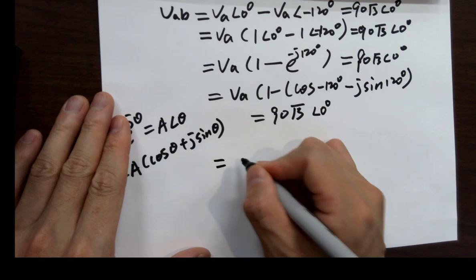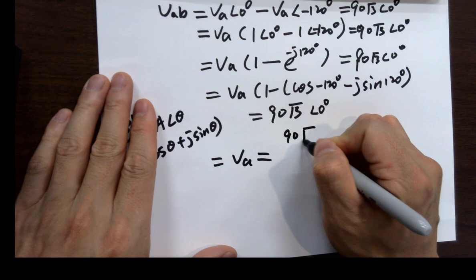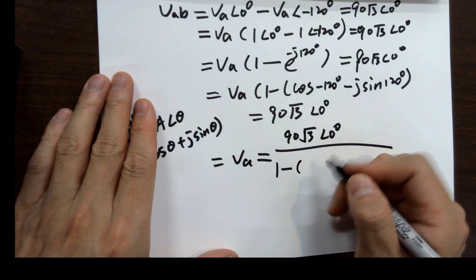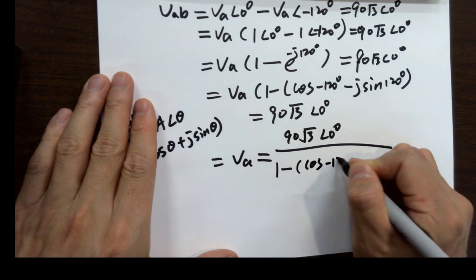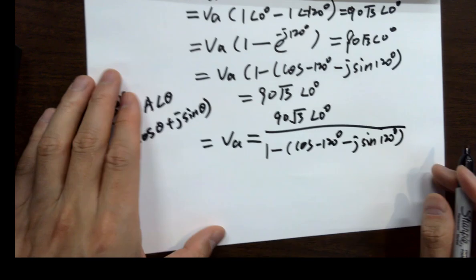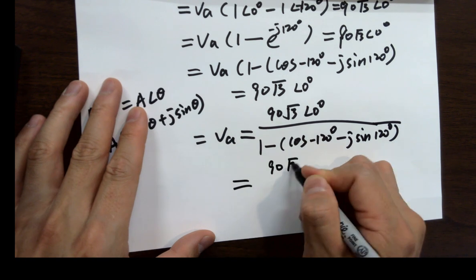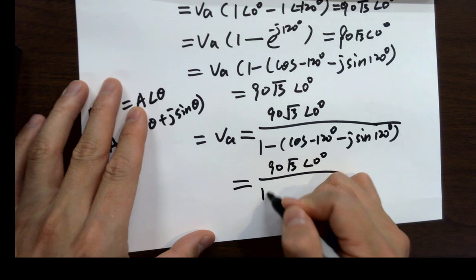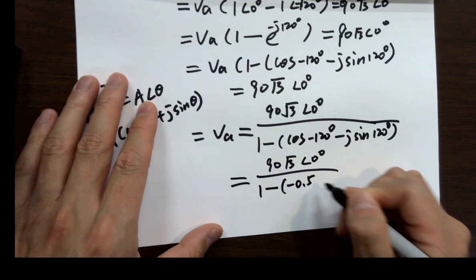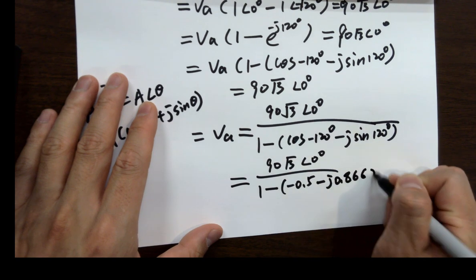Right? So VA becomes 90 square root of 3 at 0 degrees over 1 minus cosine negative 120 degrees minus j sine 120 degrees. That equals 90 square root of 3 over 1 minus, I already calculated previously, so it's 0.5 minus j0.866.